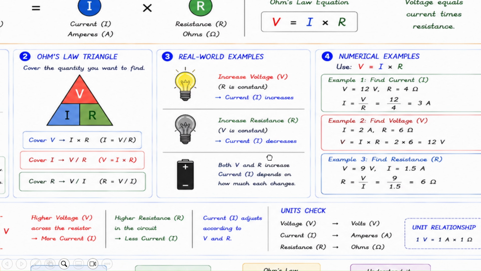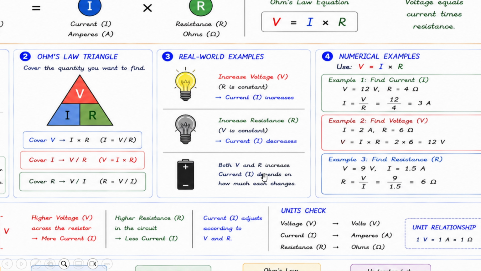So also, if both V and R increase, the current would depend on how much each changes. If V increases faster than R, you basically have V and R fighting each other to determine how much the current is.